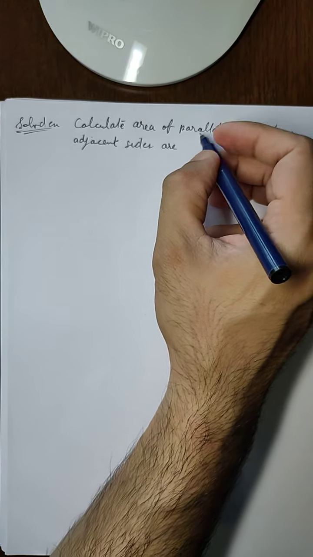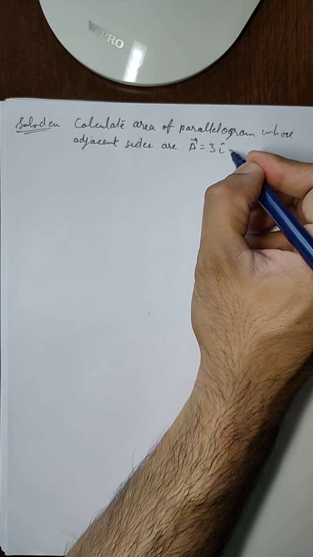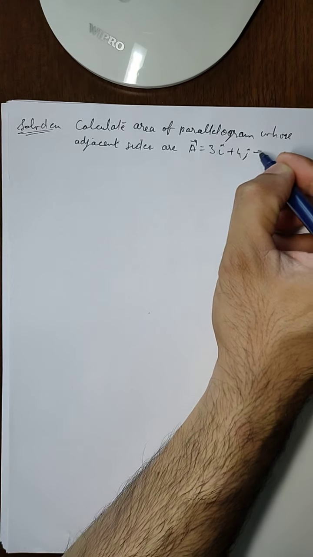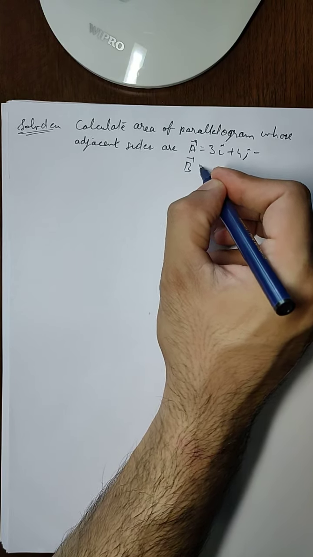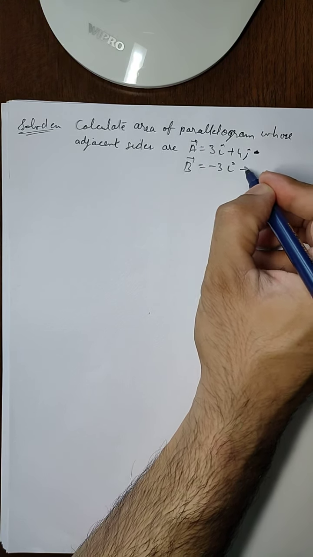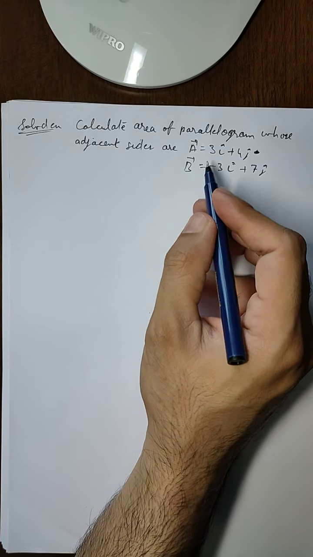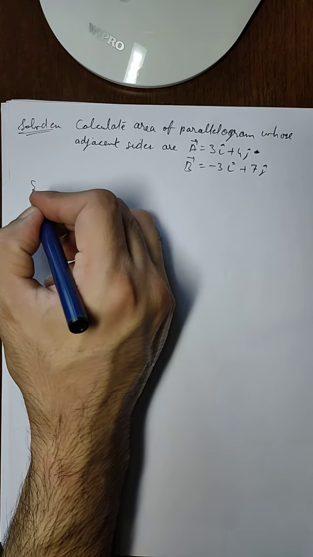So we can write adjacent sides are vector A, which is 3 i cap plus 4 j cap, and vector B is minus 3 i cap plus 7 j cap. So these are the two adjacent sides of the parallelogram.